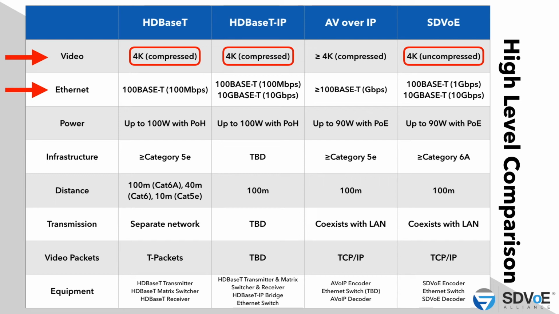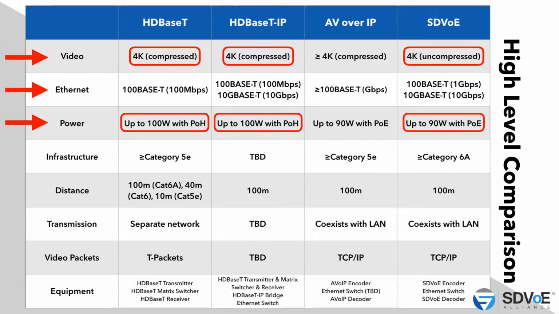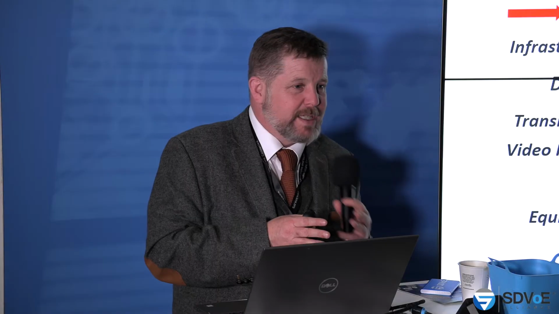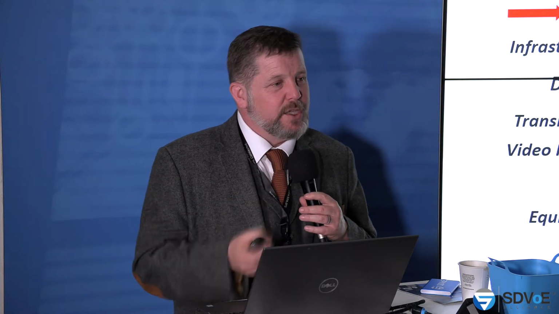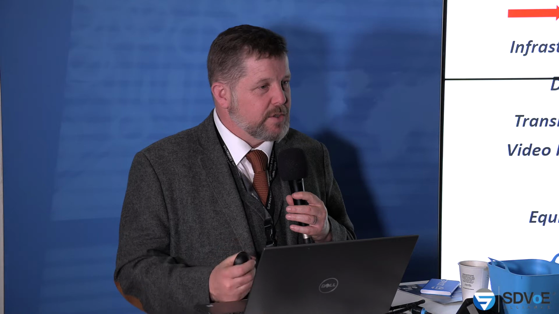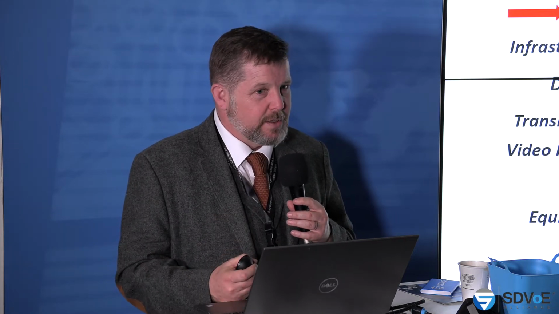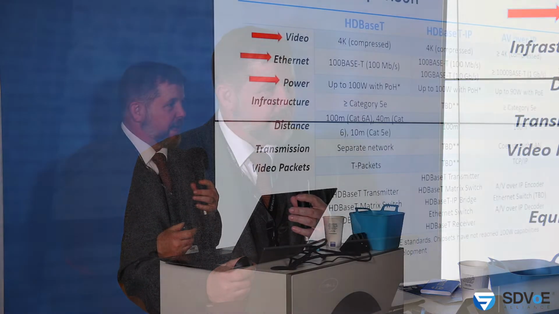If we start looking at 100 watts with HDBaseT, but in terms of power over Ethernet, we're now up to 90 watts and we're delivering 100 meters. Now, one of the big issues when I talk about the difference with HDBaseT is, can you drive that signal 100 meters, high definition, on something like Category 5 or Category 6?